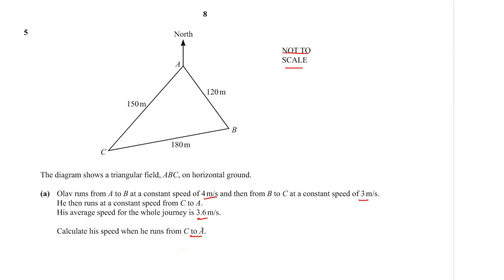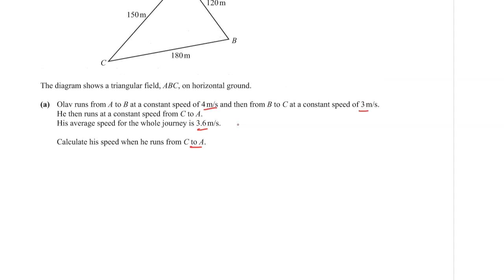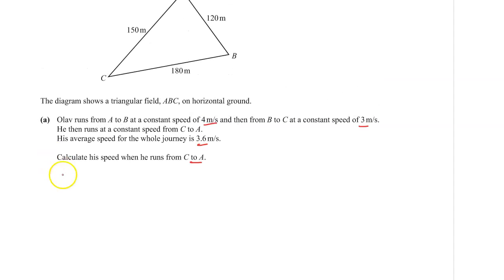So we know that average speed is equal to total distance traveled over total time taken, and we are given the average speed, which is 3.6. 3.6 is equal to total distance, which is 120 plus 180 plus 150.